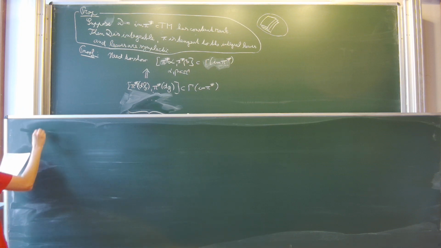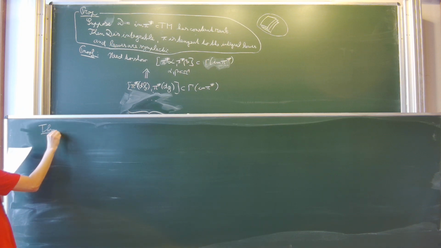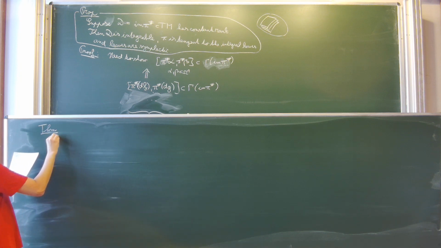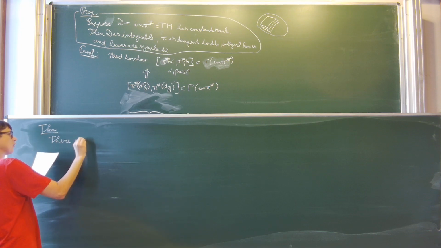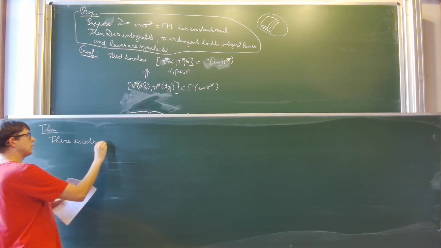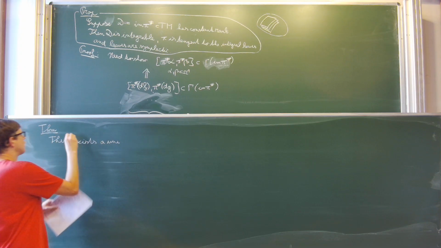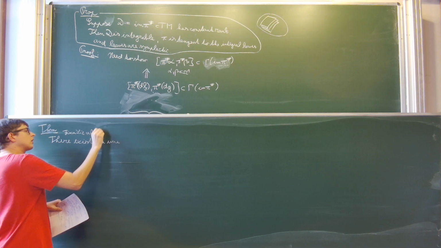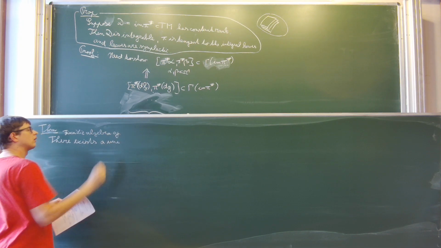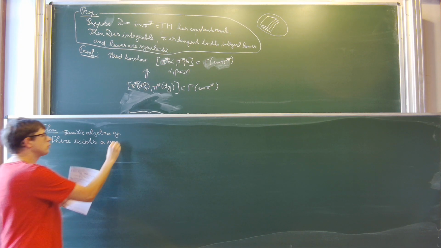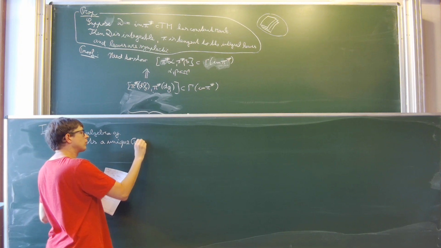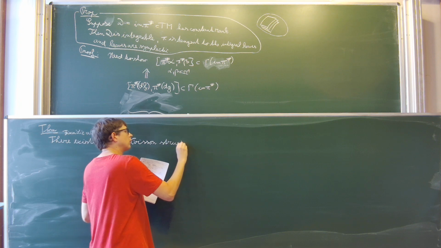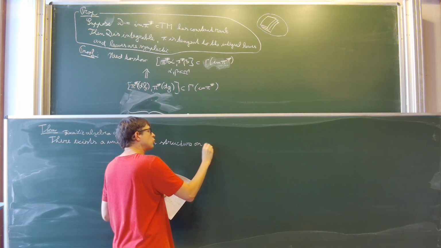Now probably the most important example of a Poisson structure which is not symplectic is the dual of the Lie algebra. So it says that, fixing a Lie algebra G, there exists a unique Poisson manifold structure on the dual of that.